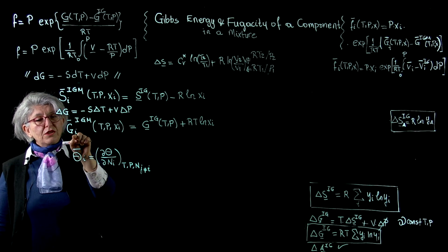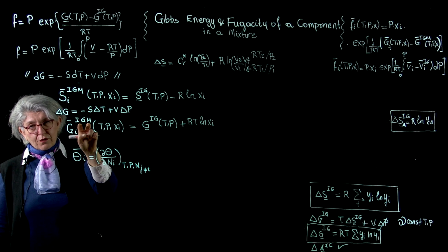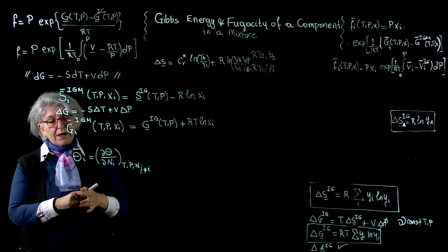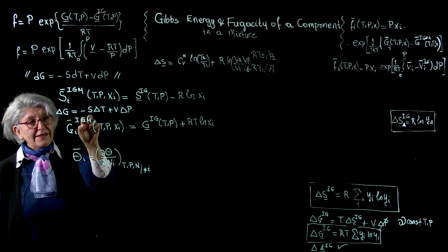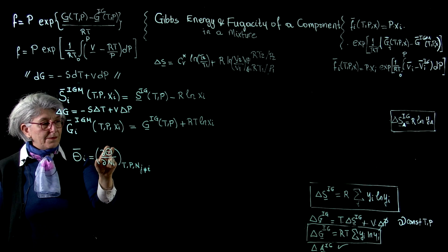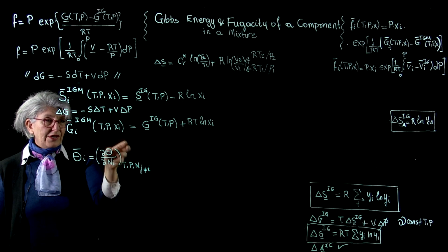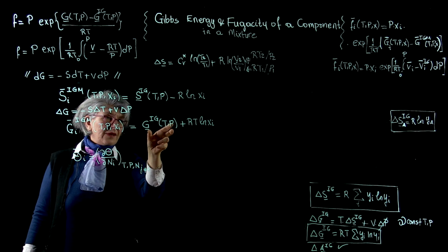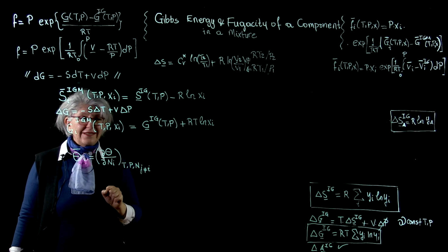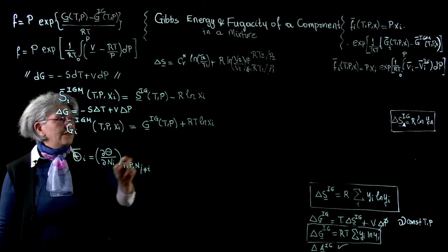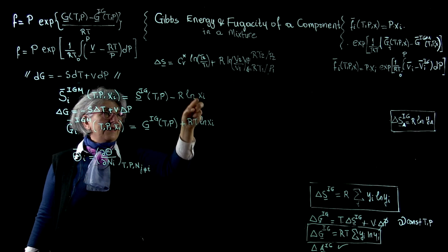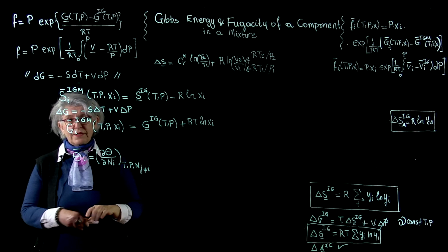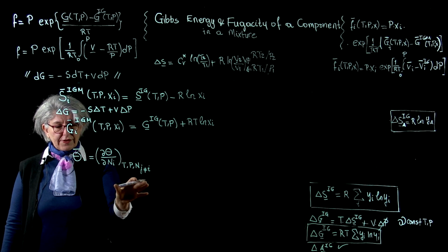So the partial molar Gibbs free energy of component I in an ideal gas mixture is the partial derivative of the total Gibbs free energy in the ideal gas mixture. It has to be referenced to the pure component ideal gas Gibbs free energy, plus the Gibbs free energy change due to the entropy change upon mixing.